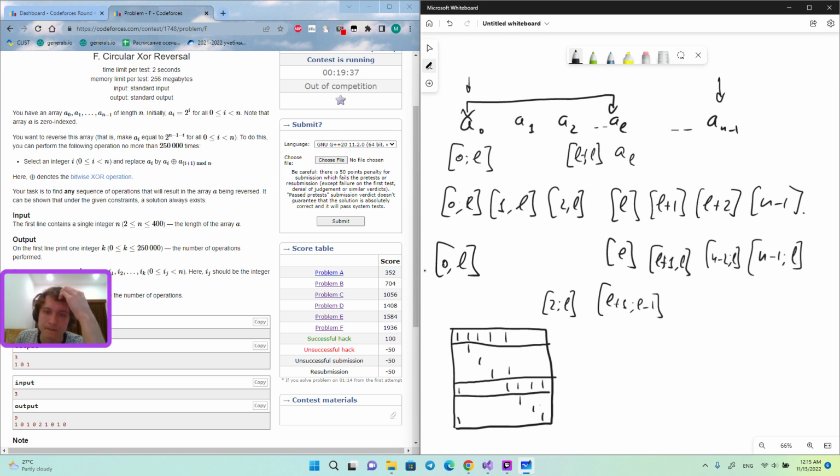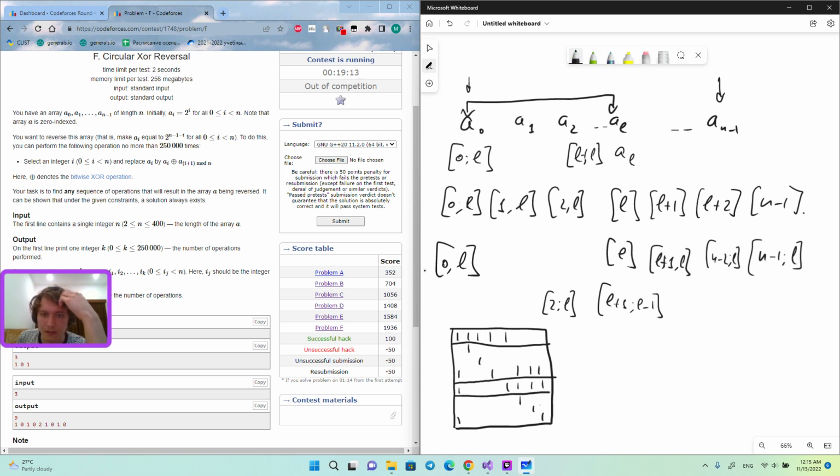Okay, now we can apply this row and remove these rows.